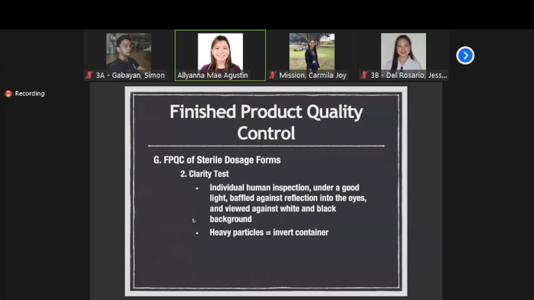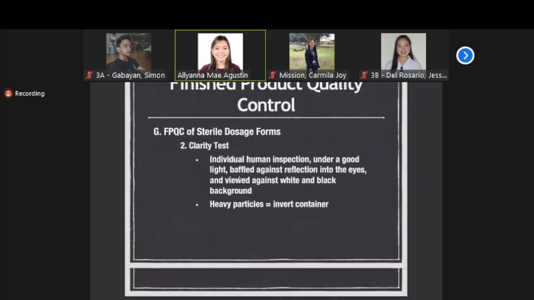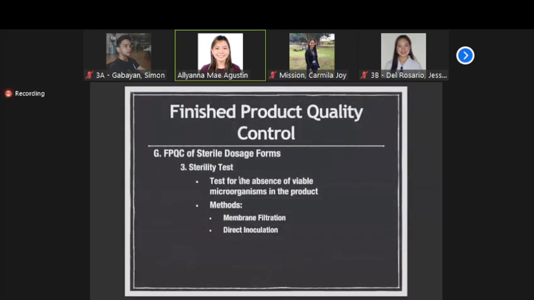Walang particles. So it is tested for clarity test. So basically, class, titingnan mo lang talaga kung clear ang solution. Kung may particles ba or wala. So this is 100% human inspection. So wala pang machine dito. No? So titingnan talaga with your eyes.